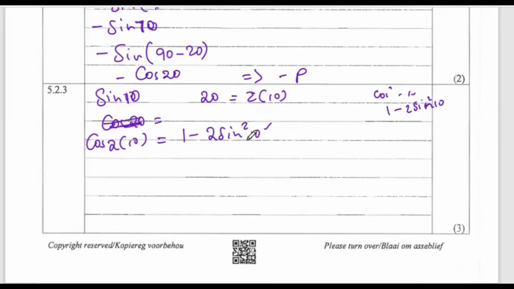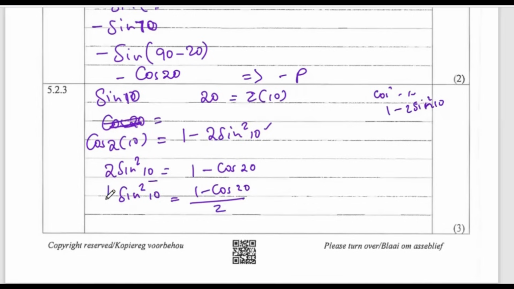If I try to make sine 10 the subject, let me just switch this so that I have 2 sine squared 10 is equal to 1 minus cos 20, because 2 times 10 is 20. Okay. Then I'll divide both sides by 2, so sine squared 10 is equal to 1 minus cos of 20 divided by 2.